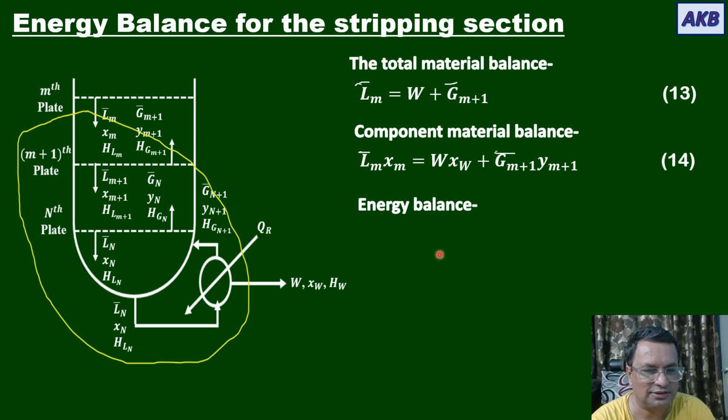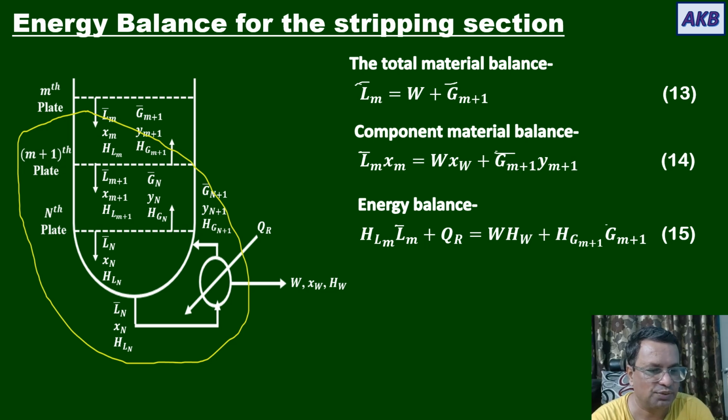Now the energy balance, again at steady state. It will be written as HLm into L bar m plus QR, that is equal to W into HW plus HGm plus 1 into G bar m plus 1.